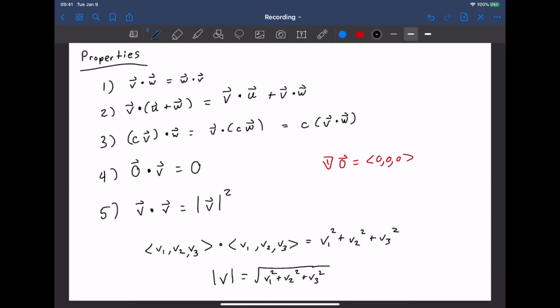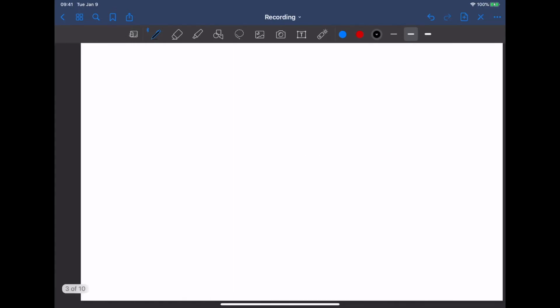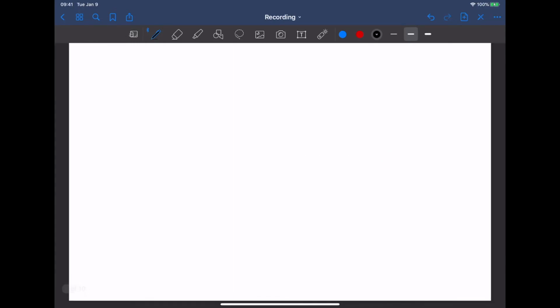Let's just do an example of some vector dot product math. If I have v is the vector 1, -3, 2, and w is the vector -2, 4, 1, and u is the vector, let's change it up on u, 2i minus 4j plus k.